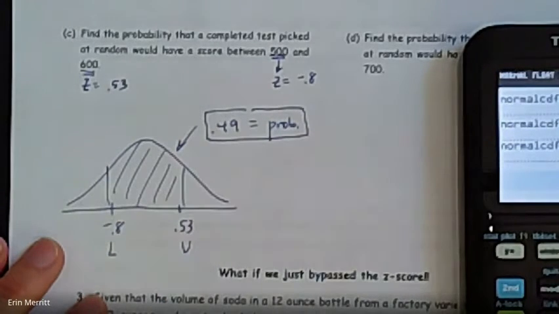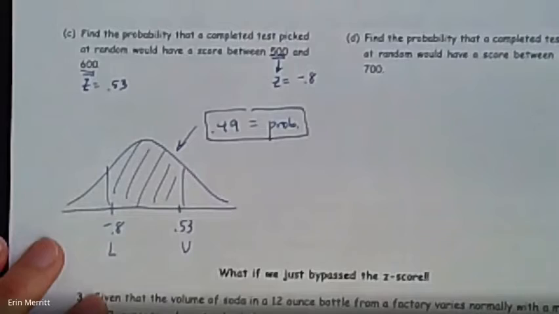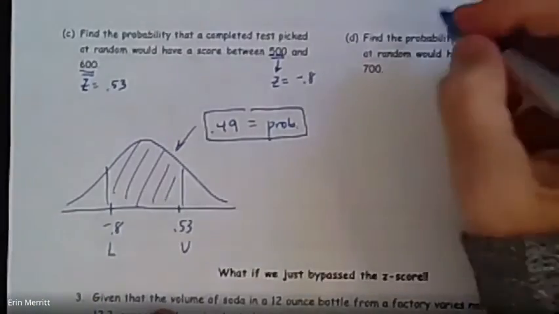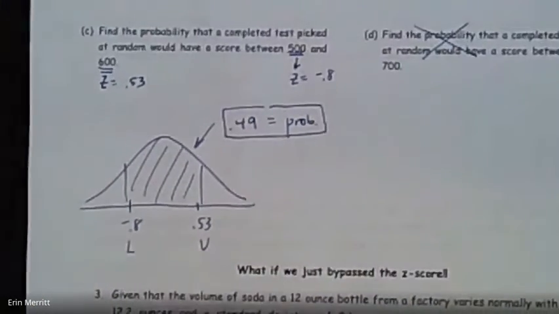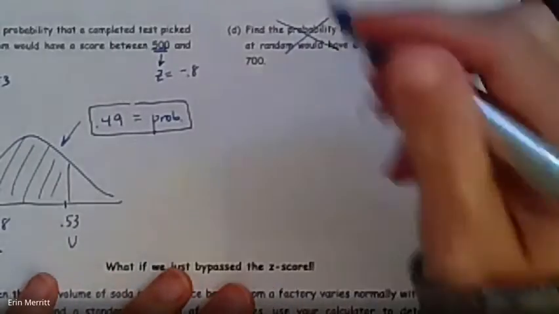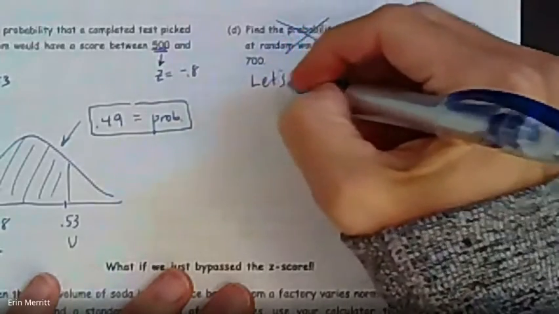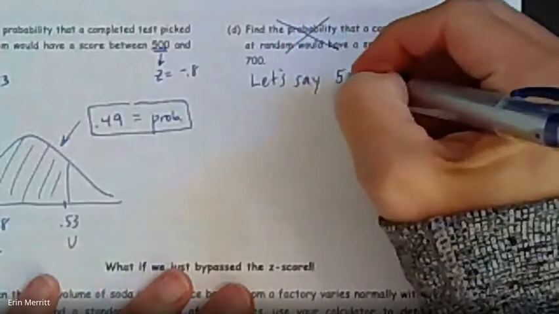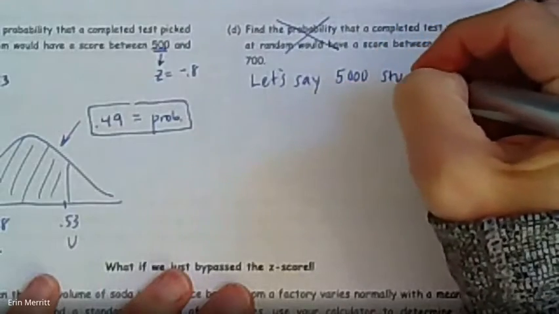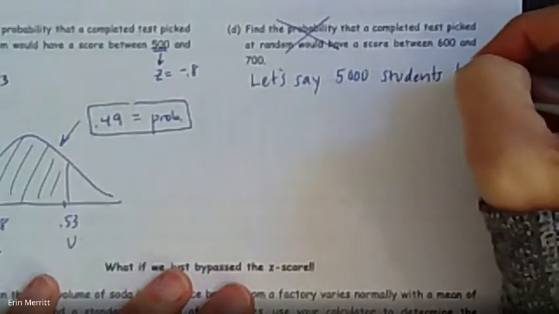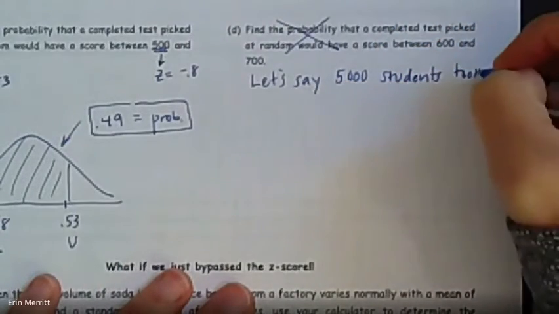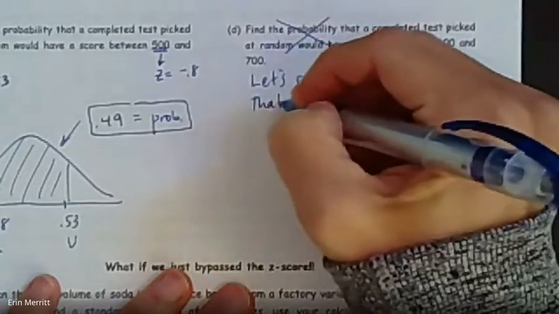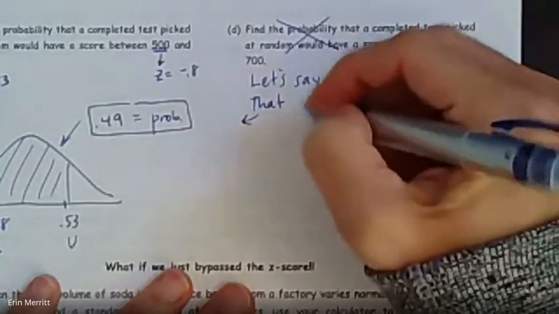All right. Now, part D, I actually want to change the question. So get rid of it. Pretend you didn't see it. All right. For part D, what I want to do instead is say, let's say that 5,000 students took this particular SAT.